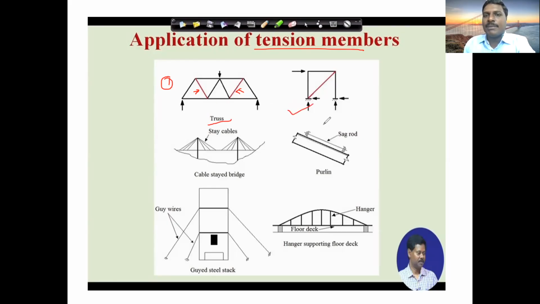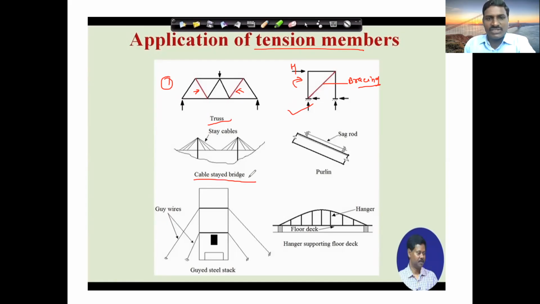Then this is again a frame. As I told, this is the bracing. To avoid overturning of this frame due to the horizontal force, we have to provide this bracing. So that bracing is again an example of a tension member.